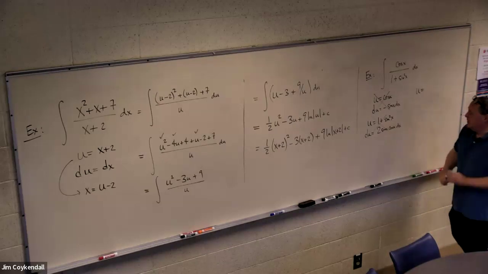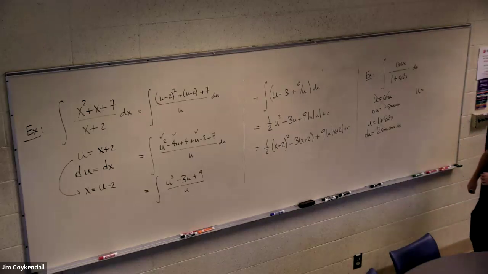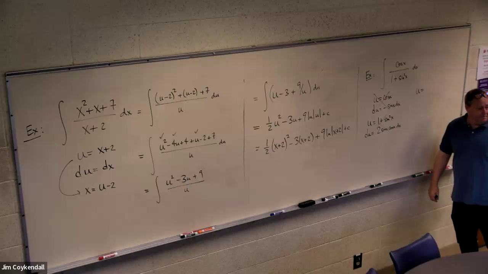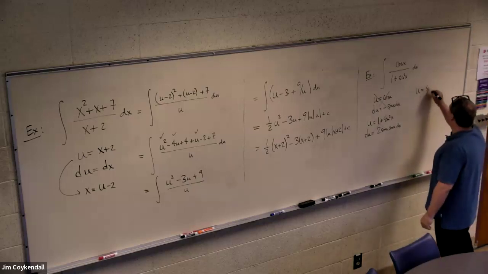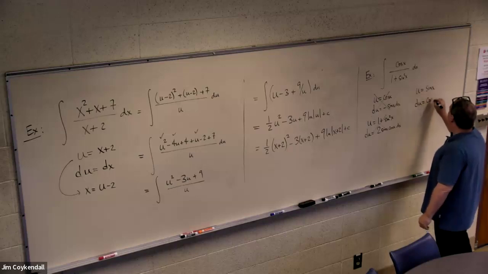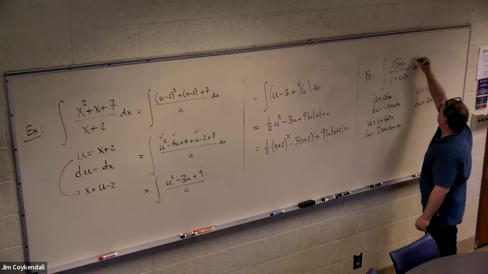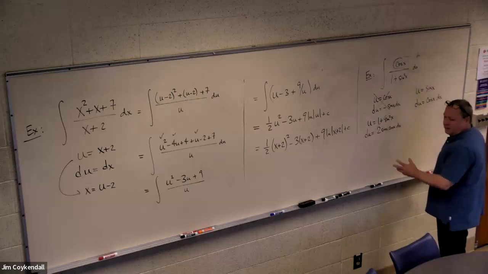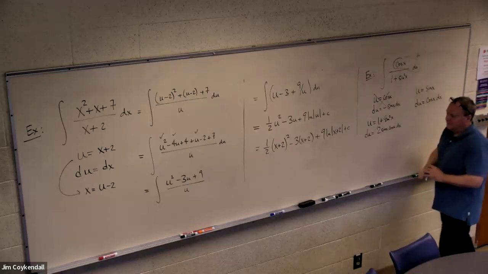Unless there's some other example where it might not. U equals what? Let's go straight up sine x. And the key is, and you've always got to be mindful of this, you've got to get that du taken care of. And this doesn't, right?